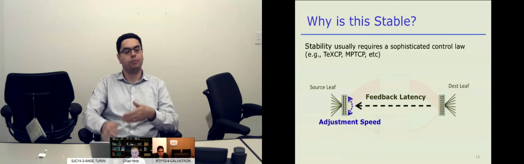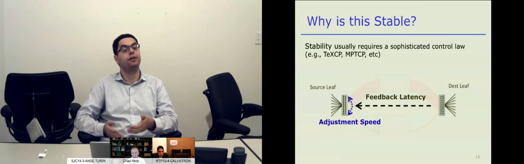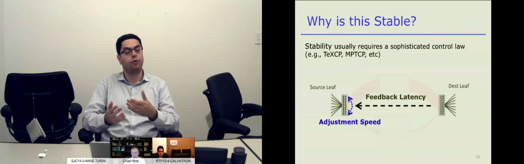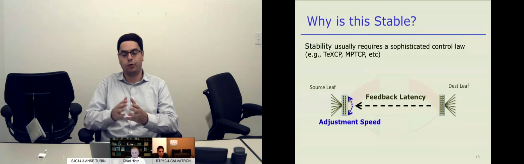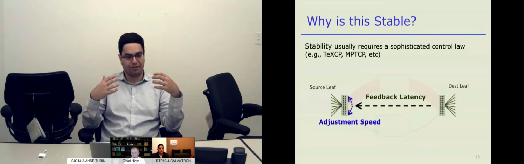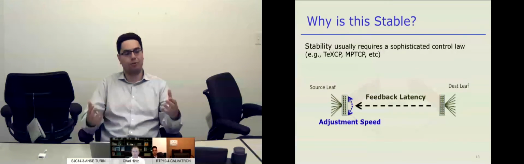Trying to do the same thing in software would make it very challenging to get this stability to work well, because you wouldn't have this 5 microsecond delay for collecting information.